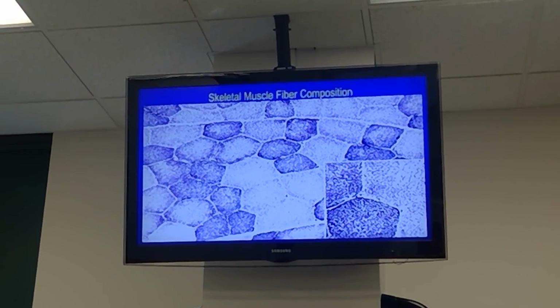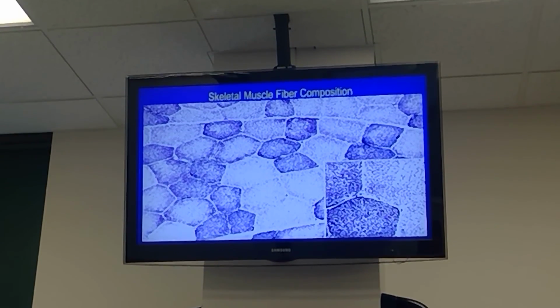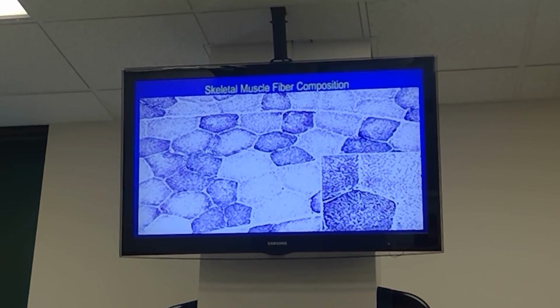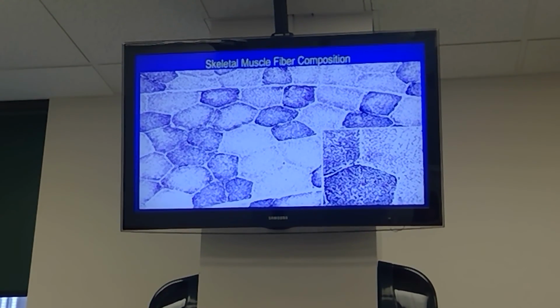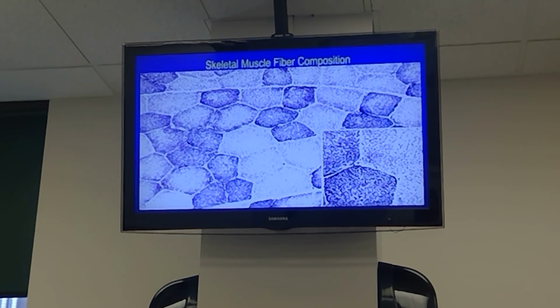This is called histochemistry. So this is a histochemical preparation of a random muscle, we'll just call it the deltoid or biceps, with some substrate that's going to be acted upon by enzymes in each of those muscle fibers, and hopefully eventually produce a colored product so we can distinguish them easily.